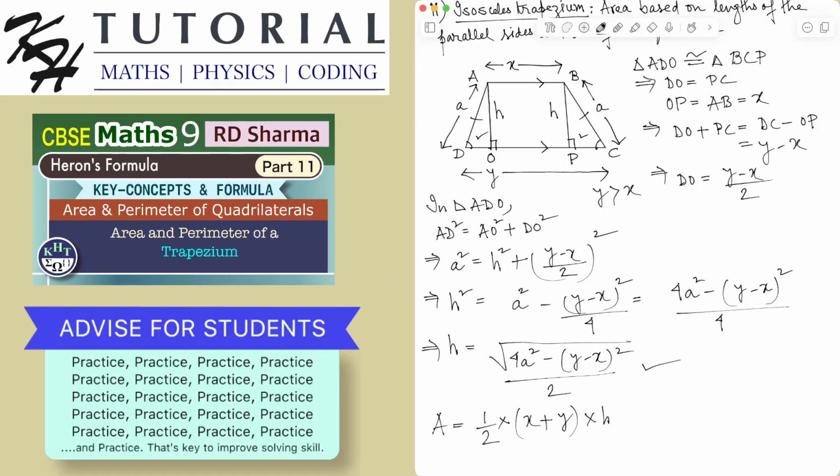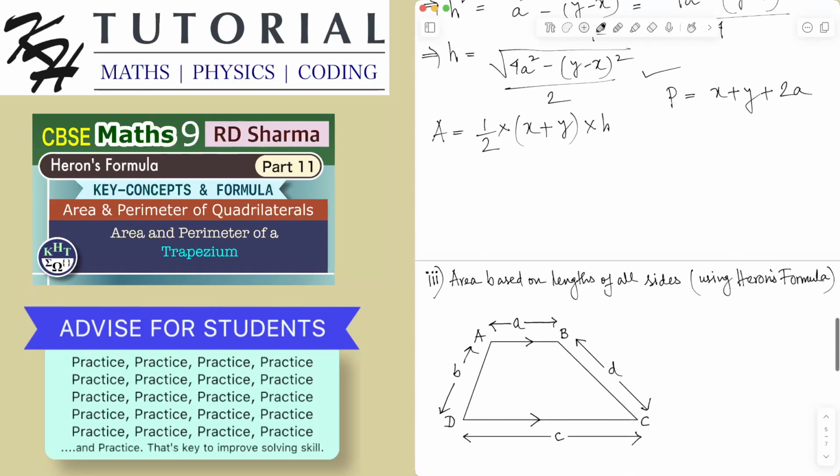And of course in this scenario we can find the perimeter of the trapezium, which will be x plus y plus twice a, because we know the length of all the sides of the trapezium.